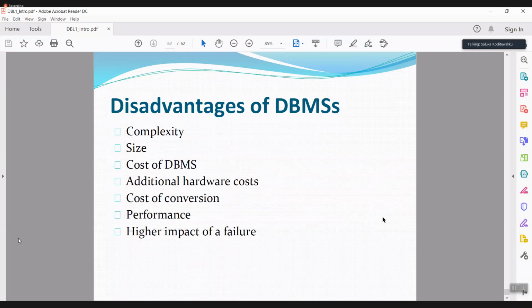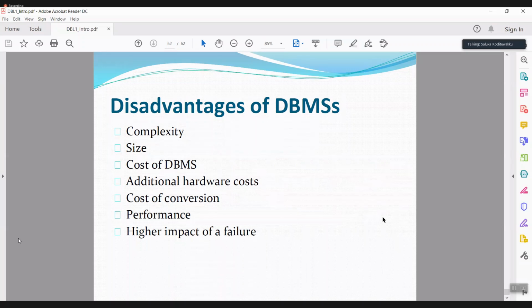And in addition to that, additional hardware cost is necessary. Nowadays we have two approaches. One is we can have our own hardware, like database servers, file servers, and web servers.